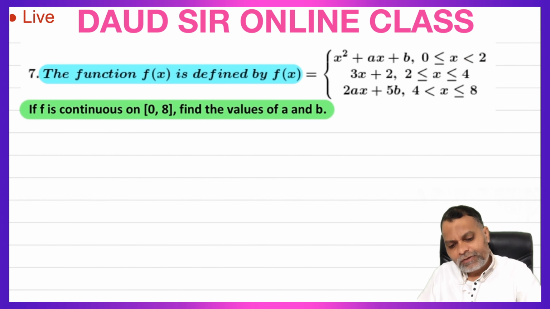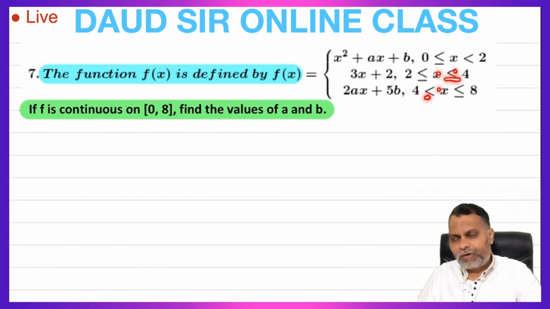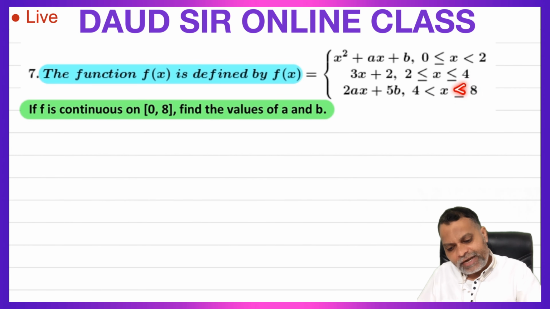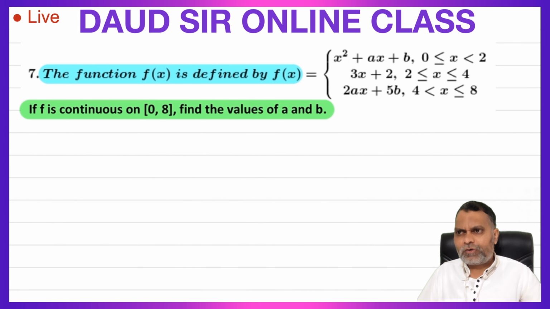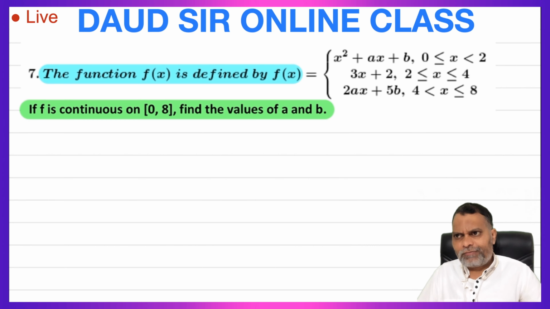And one more point, x is equal to 4, where the function is defined for equal to 4, greater than 4 and less than 4. We can also check 8, but the function is not defined for x greater than 8. So at exactly two values, x is equal to 2 and x is equal to 4, we can check the continuity.